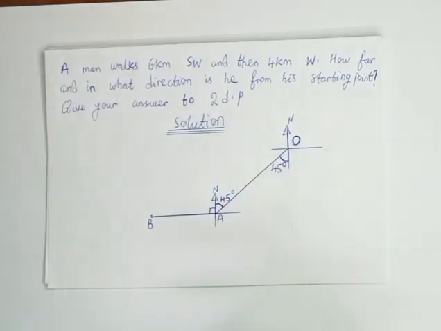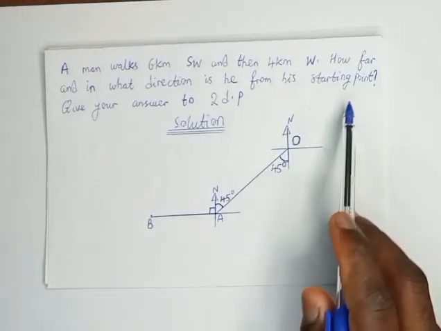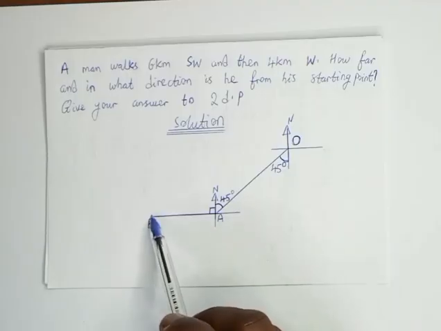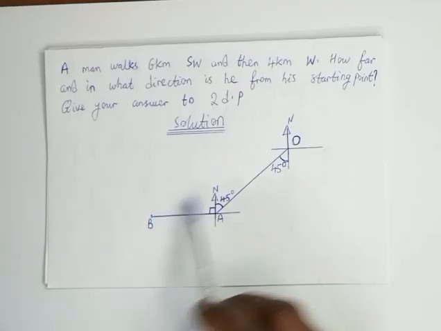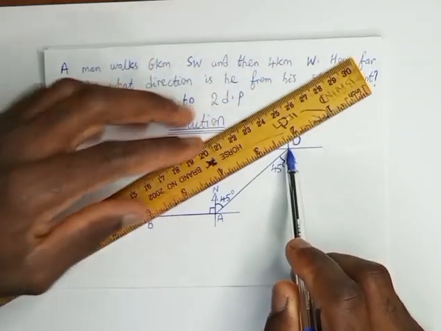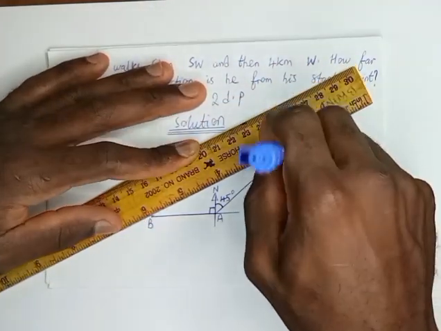Now the question is asking us to find how far the man is from the starting point. That means the distance from the point B to the point O. Connect these 2 points.